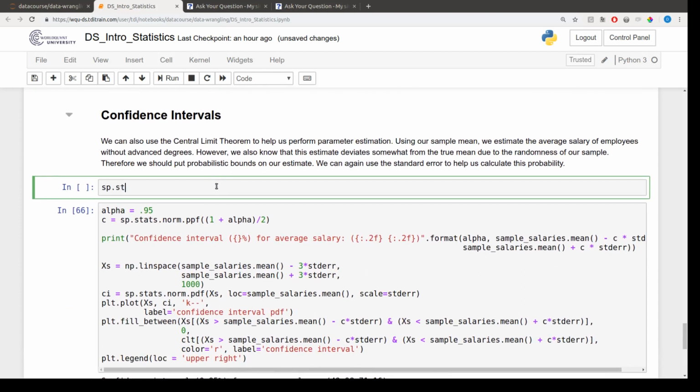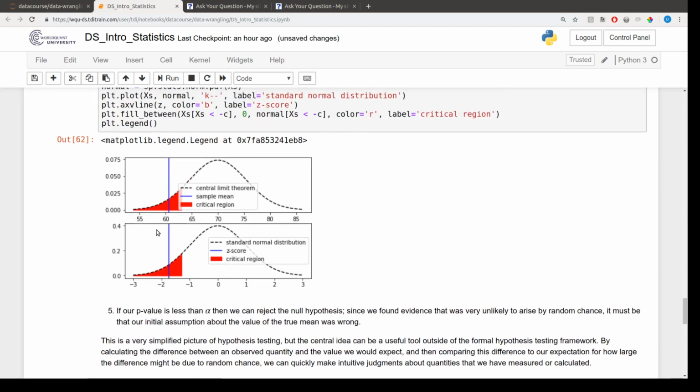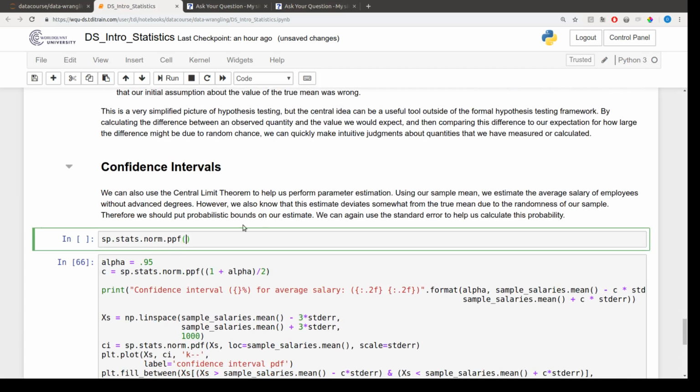So if I take the standard normal distribution, this PPF method is going to return the value, the point on the x-axis, where however much probability I ask for is captured.